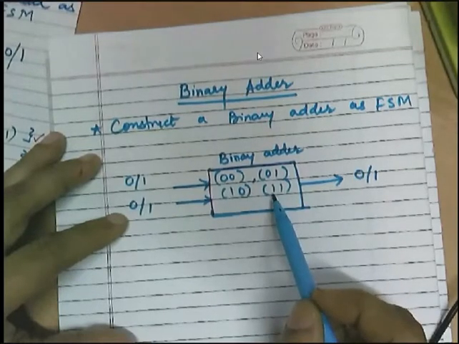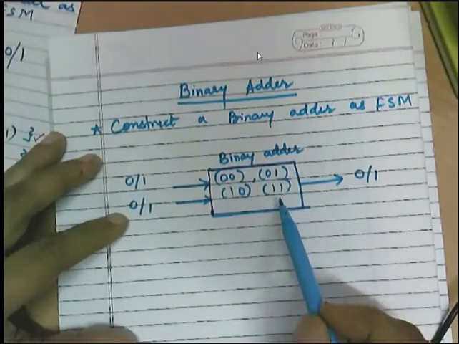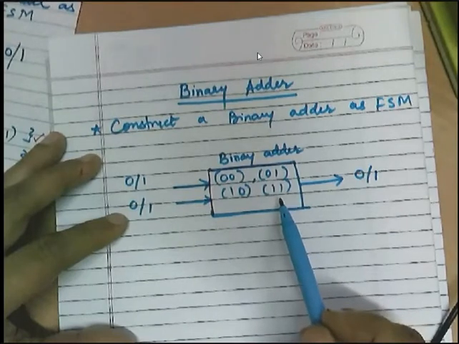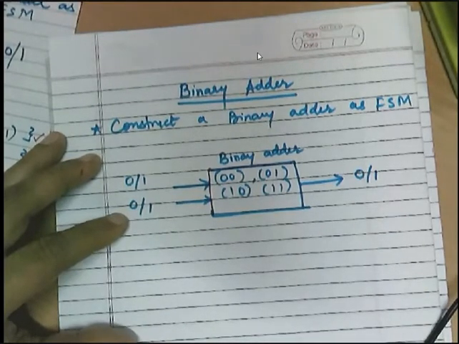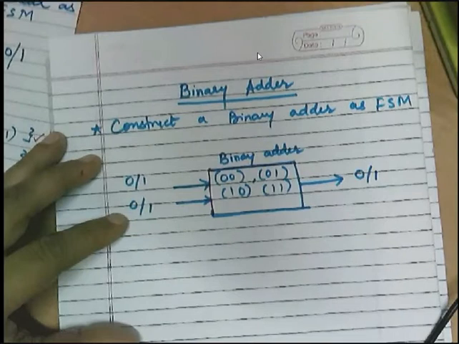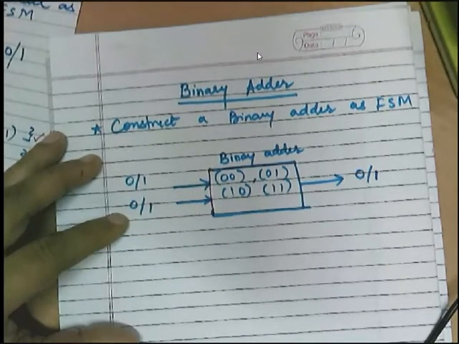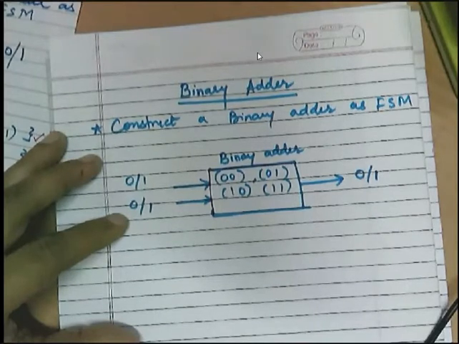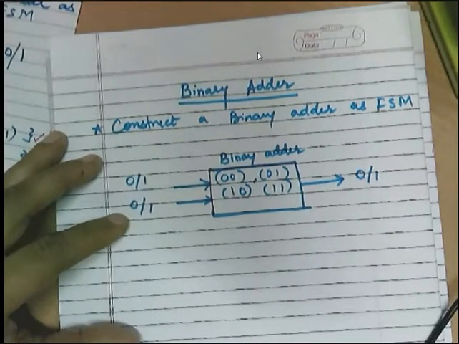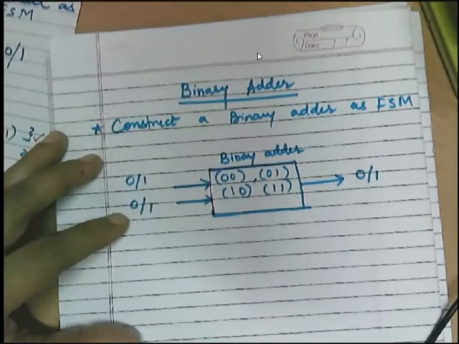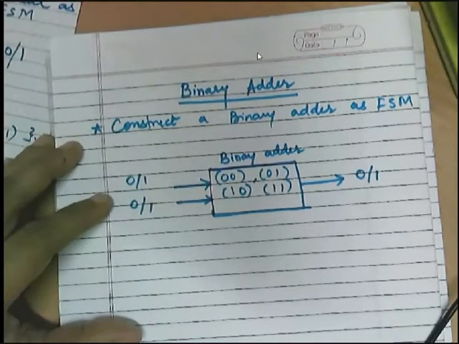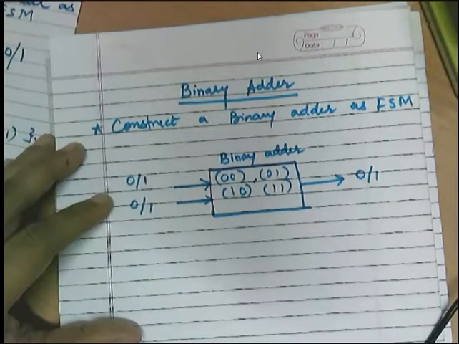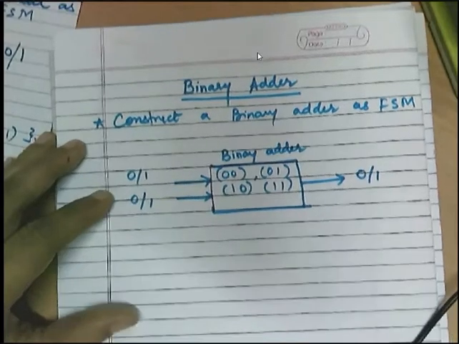But when we are doing 1 1, 1 plus 1 is 1 0, that is 2. That means we are getting output in 2 bits, where 0 is the result and 1 is a carry. So this concept we want to include in designing the binary adder.